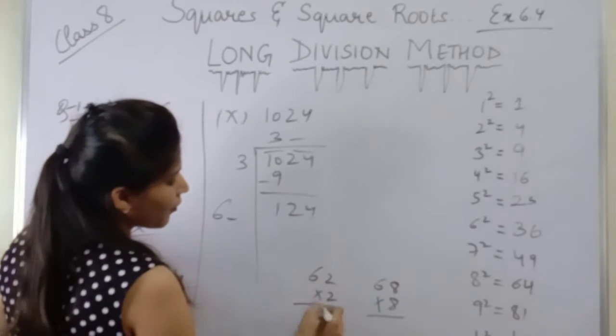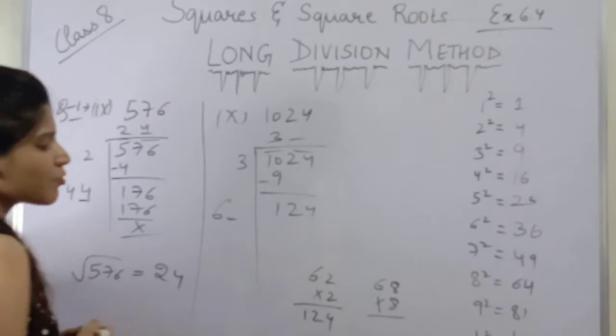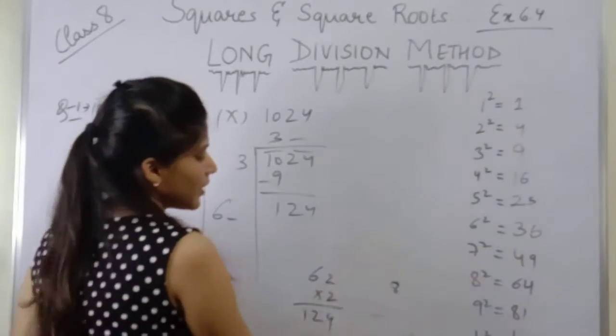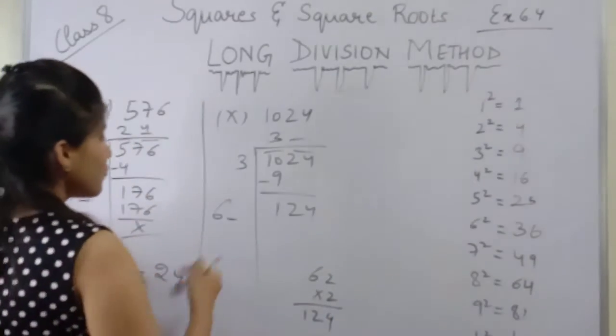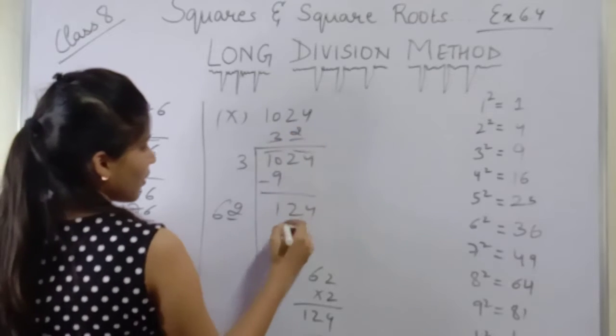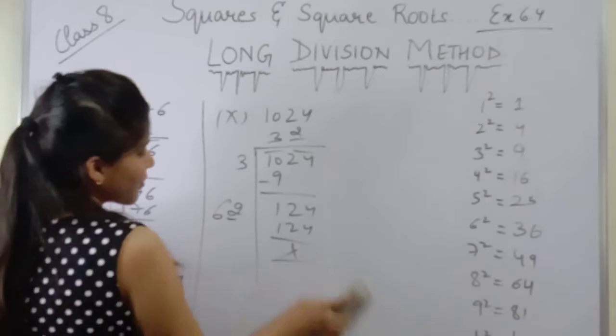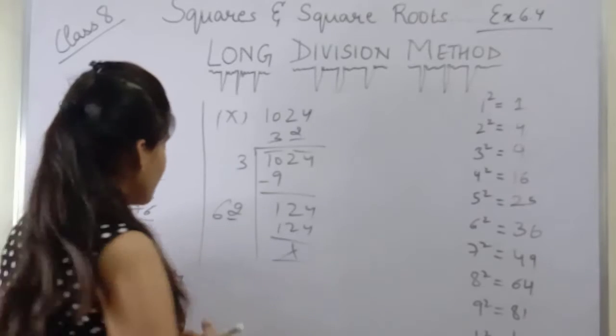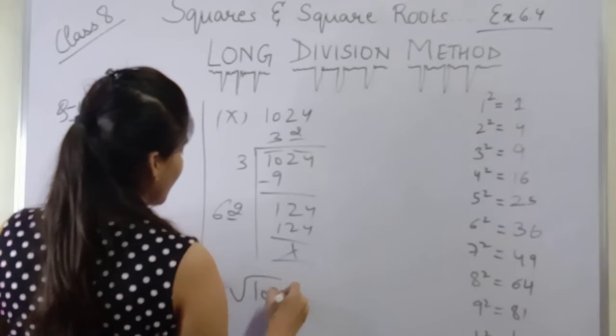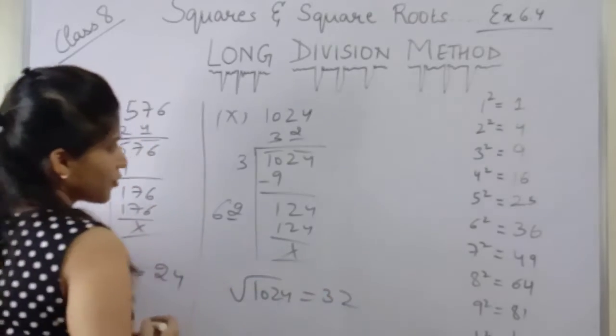So 2 2s are 4, 6 2s are 12. We got it from 62 itself, so there is no need to do 68. So 62 into 2 is 124. So we again got a perfect square, the square root of 1024 is 32.